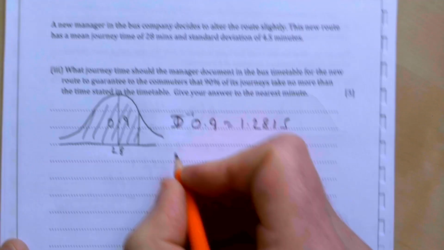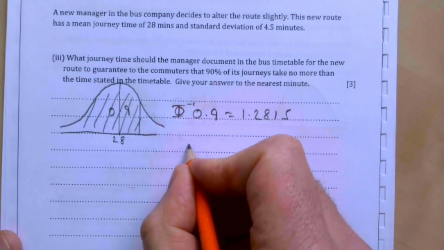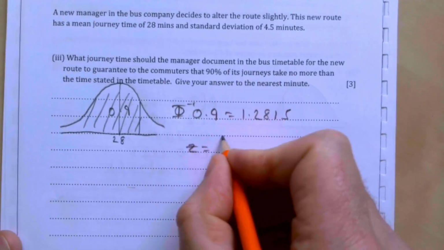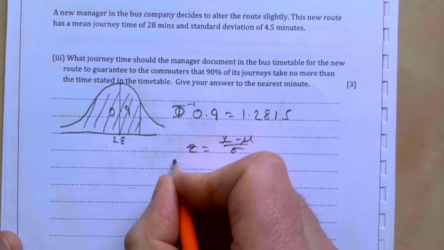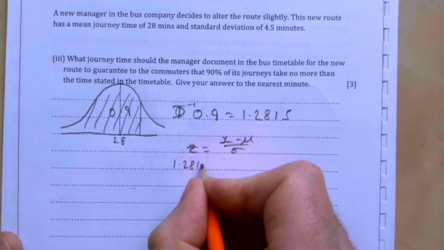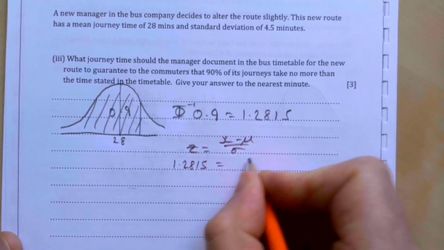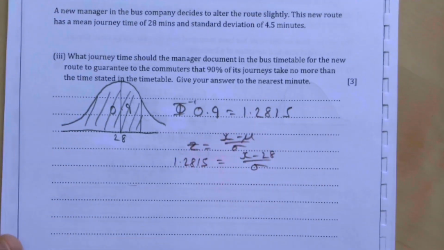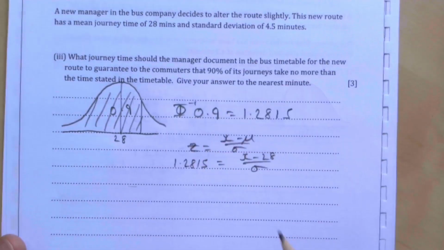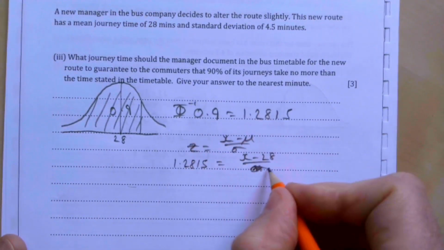So then Z equals X minus mu over sigma. 1.2815 equals X minus 28 all over sigma, so that should be then 4.5, which is my new value.